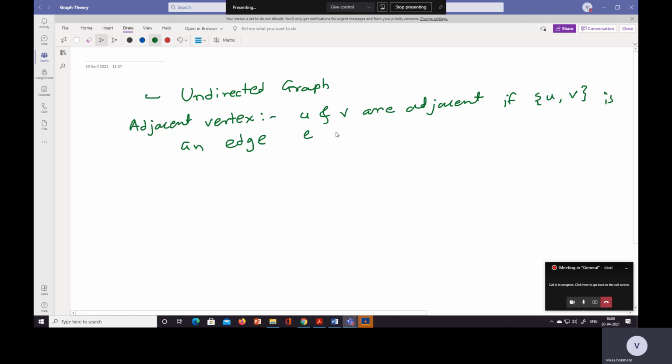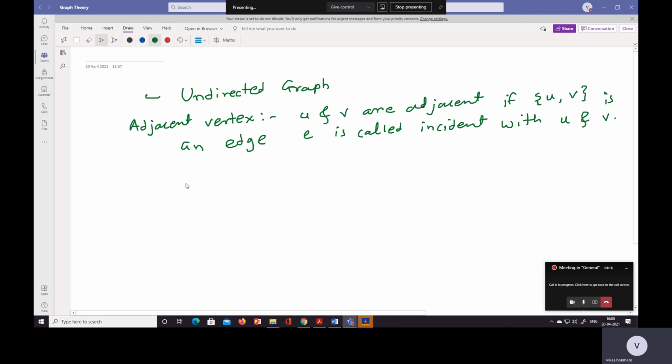Edge E is called incident with U and V, and U and V are endpoints.